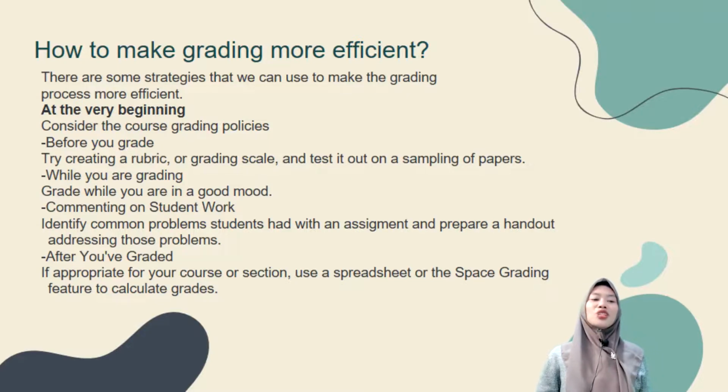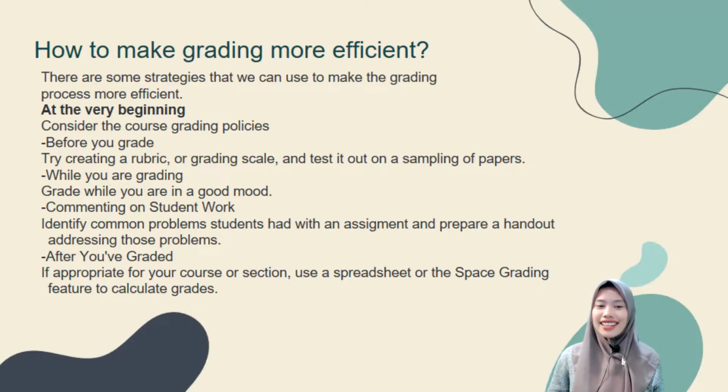Yeah, teachers should be in a good mood when grading. And then, commenting on student work, identify common problems students had with an assignment and prepare a handout addressing those problems. And then after you've graded, if appropriate for your course or section, use a spreadsheet and or the grading feature to calculate grades.